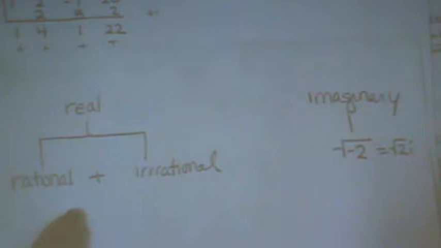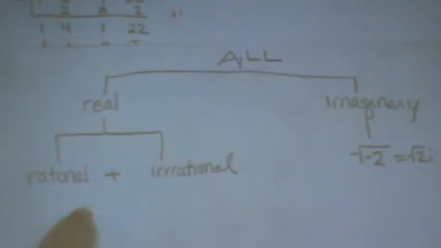Imaginary numbers are when you have a negative under the radical, like the square root of -2, which is root 2 i. So all zeros are real and imaginary.